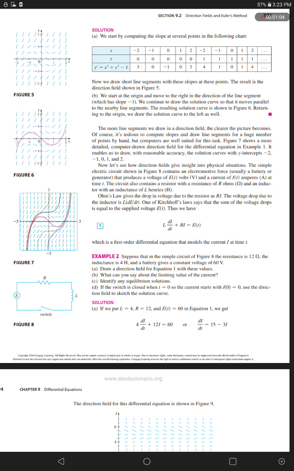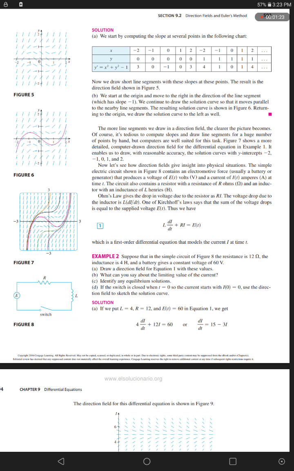Back to the text. The more line segments we draw in a direction field, the clearer the picture becomes. Of course, it's tedious to compute slopes and draw line segments for a huge number of points by hand, but computers are well suited for this task.